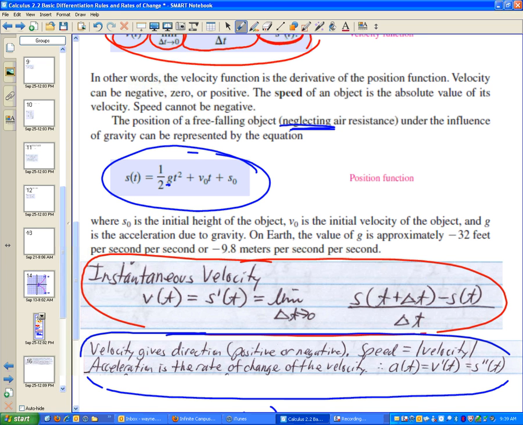What is the gravitational constant? 9.8. Okay. T squared plus the initial velocity times t plus the initial position. So everybody's writing that down. You don't have to know that yet. But some of you already do, right? Okay. And if you're measuring in meters, that's G. And if you're measuring in feet, that's G.